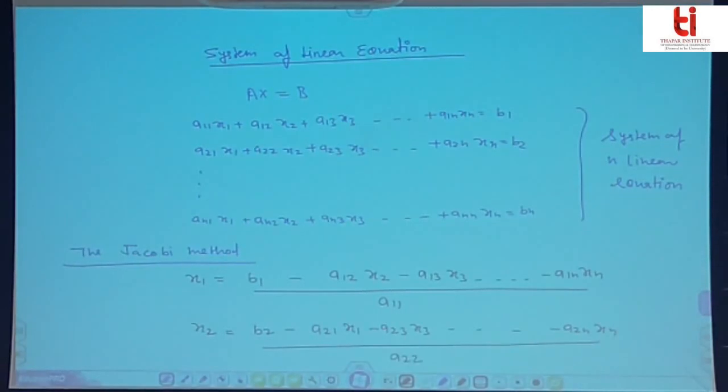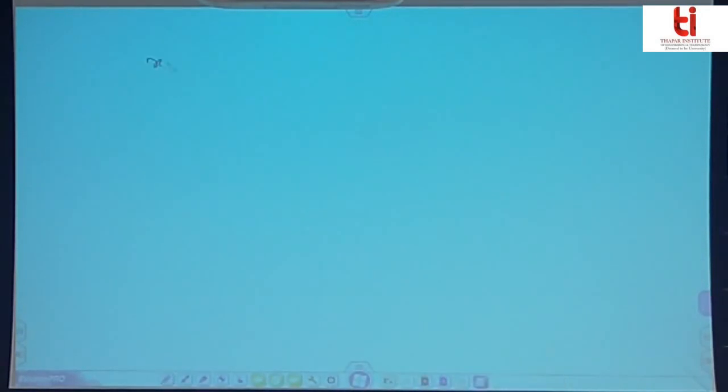So what we did here is compute the value of x1 from the first equation, x2 from the second equation, and xn from the last equation. We keep the left hand side as x1, x2, x3 and xn, and take everything else on the right hand side. Now xn equal to bn minus an1 x1 minus an2 x2 up to an,n-1 x(n-1), upon ann.